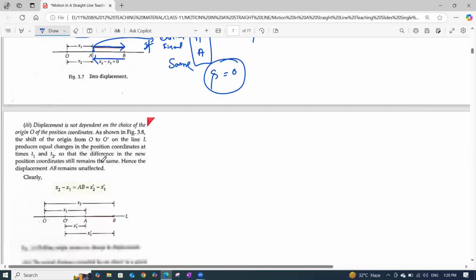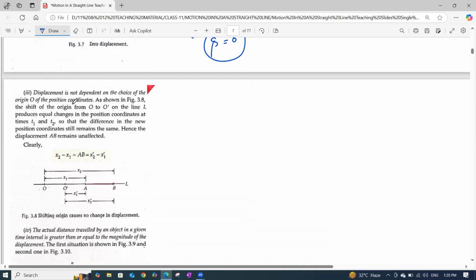Then, displacement is not dependent on the choice of the origin of the position coordinates. For example, in this graph, this is the reference point O and the body is at A. The distance from O to A is mentioned as x1.